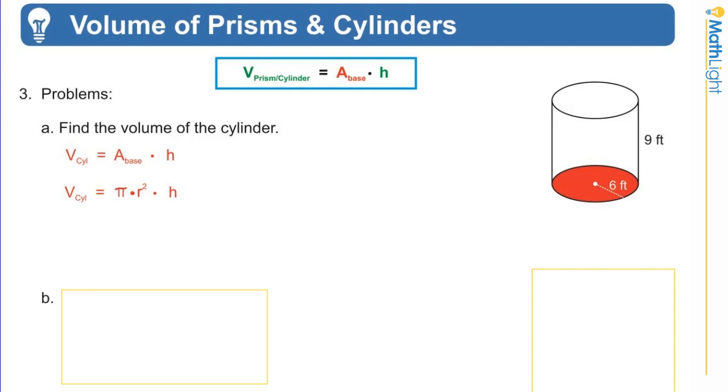Now, let me again try to show you what volume is. All right? And again, I can't draw, so excuse me for this. I'm just terrible at drawing. But if I put a cube in here, all right, that looks a little bit cubic. I'm terrible with that. But if I put a cube in here, I want to try to figure out how many of these cubes can I fit in here, right?